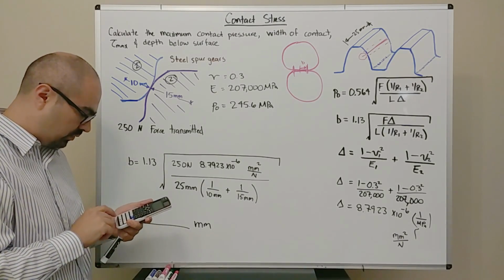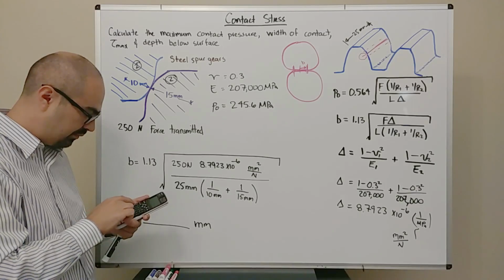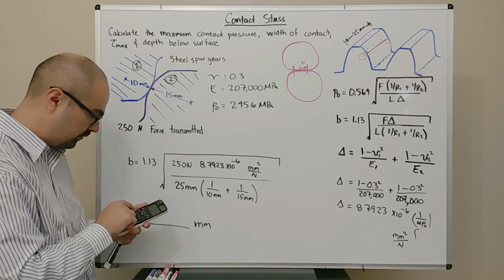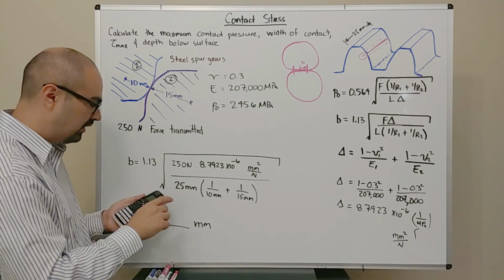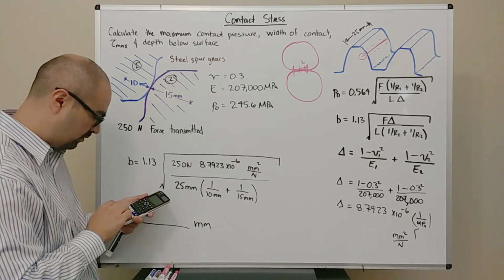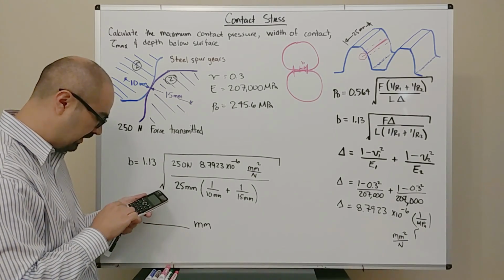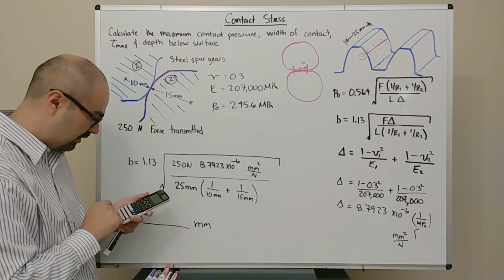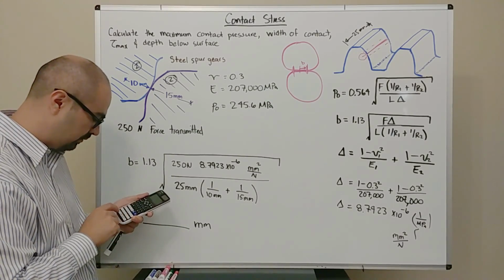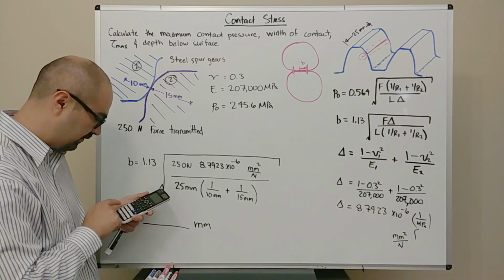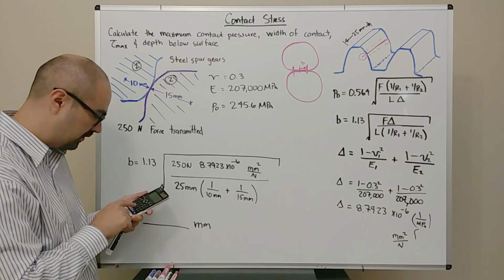So 1.13 times the square root of the fraction, where I have 250 times 8.7923 times 10 to the minus 6 on top. On the bottom, I have 25 times 1 over 10 plus 1 over 15.